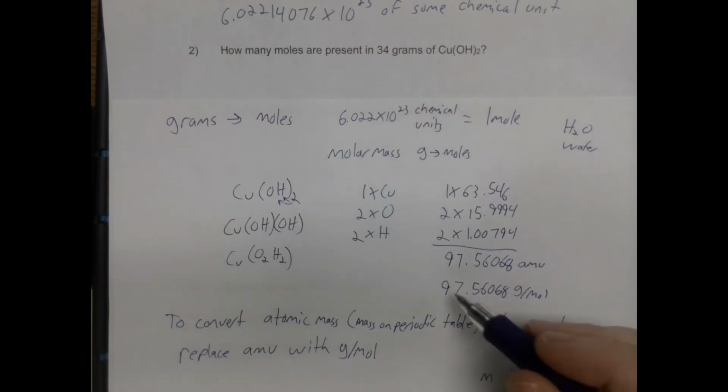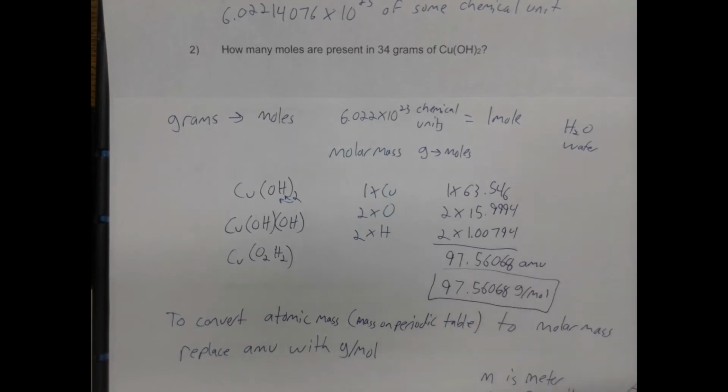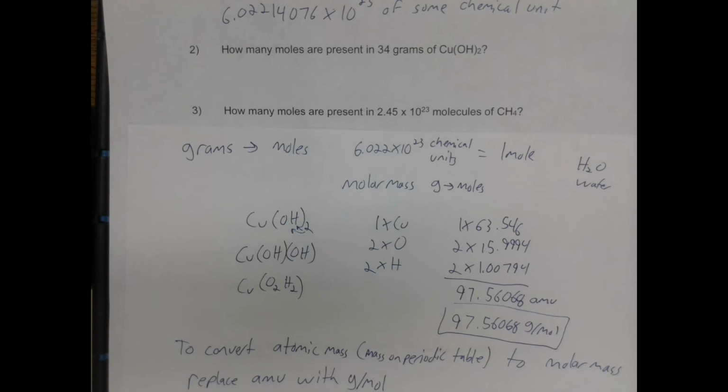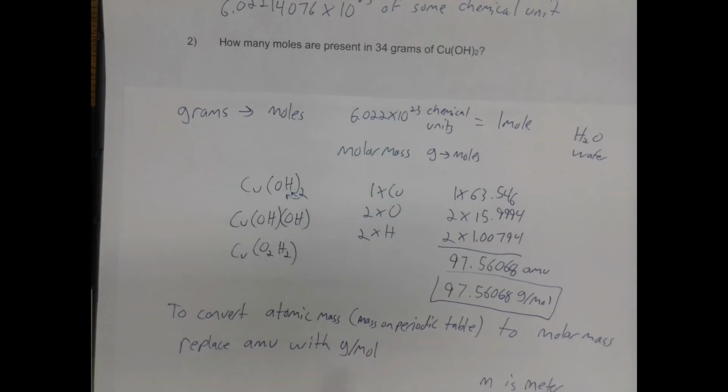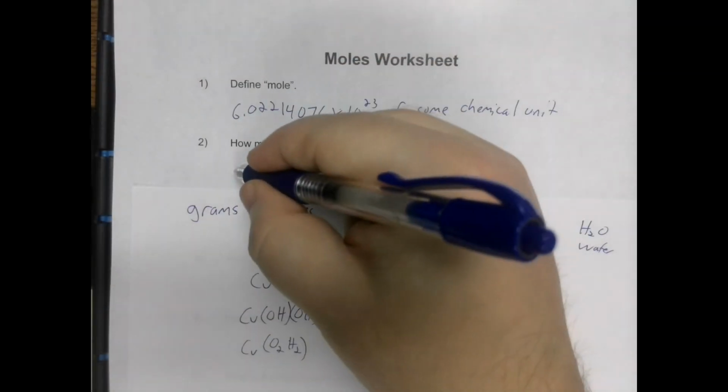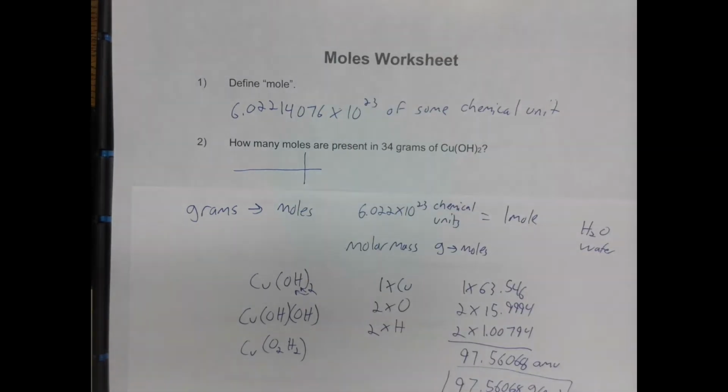So now we have our conversion factor. There is 97.56 grams per 1 mole. So we can set up our grid. That's another thing. I teach differently than what you'll find online. I teach this grid method.